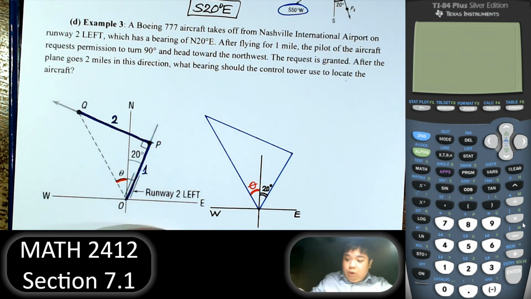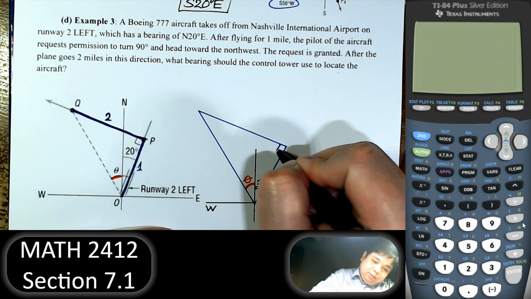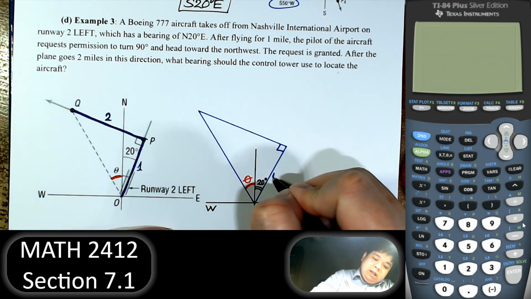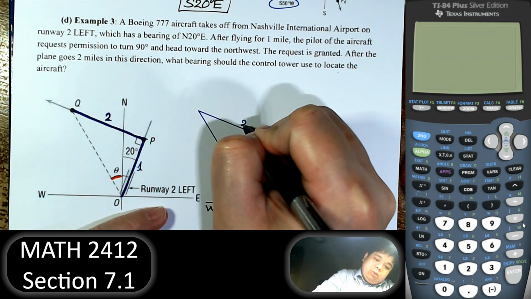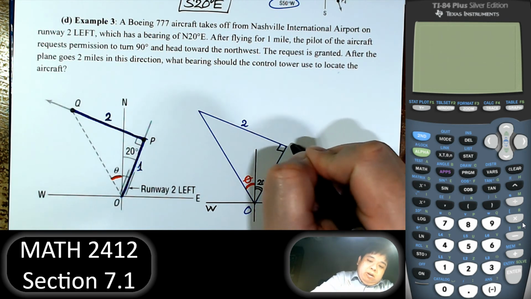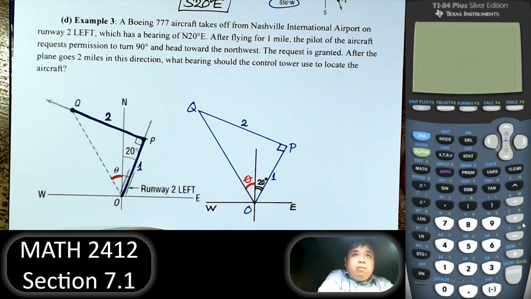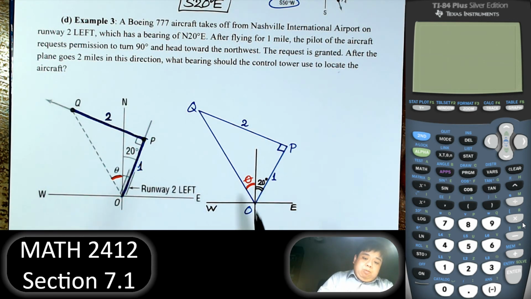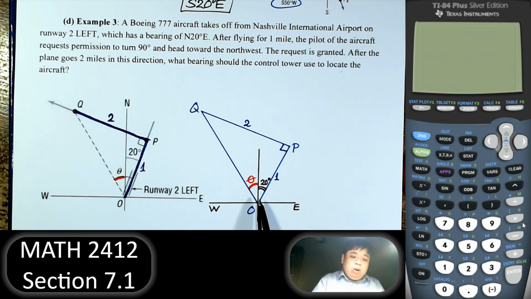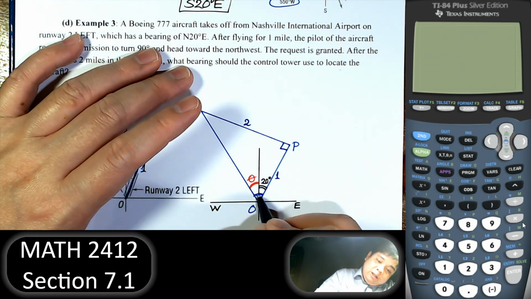Right, we do know that the plane turned 90 degrees. The measurement here is 1 and that is 2. Right, so this is angle O, P and Q. It looks like we need to use angle O. So angle O is the whole thing.